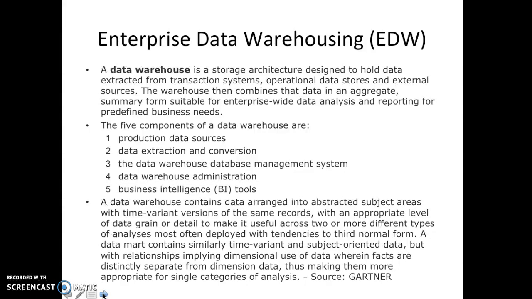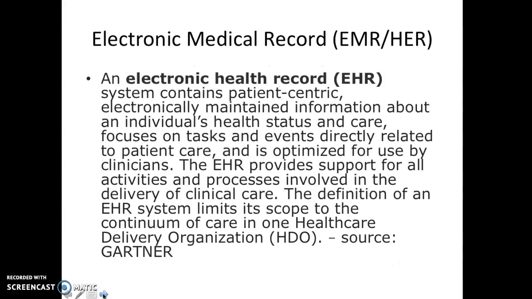And then the facts would be sort of like the observations, that the person came into the hospital and they had their blood taken, or they had some type of test, or they were diagnosed with some type of condition.